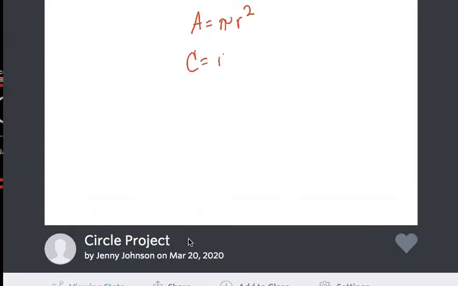Circumference formula is pi d, or it can also be 2 pi r. So play around with these at home. If you make mistakes, it's okay. You can still earn much of the credit by just showing effort that you tried to do it. So follow the steps me and Lucy did and show us as much as you can on your own using 5 items around your home. Thank you.